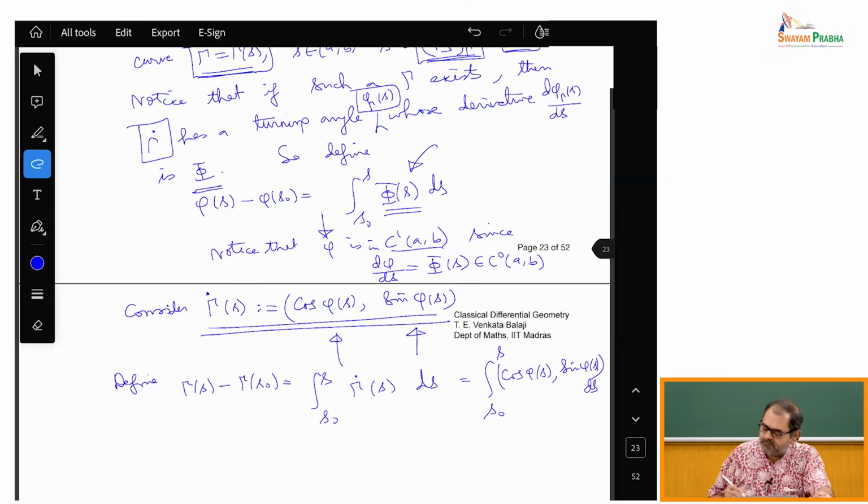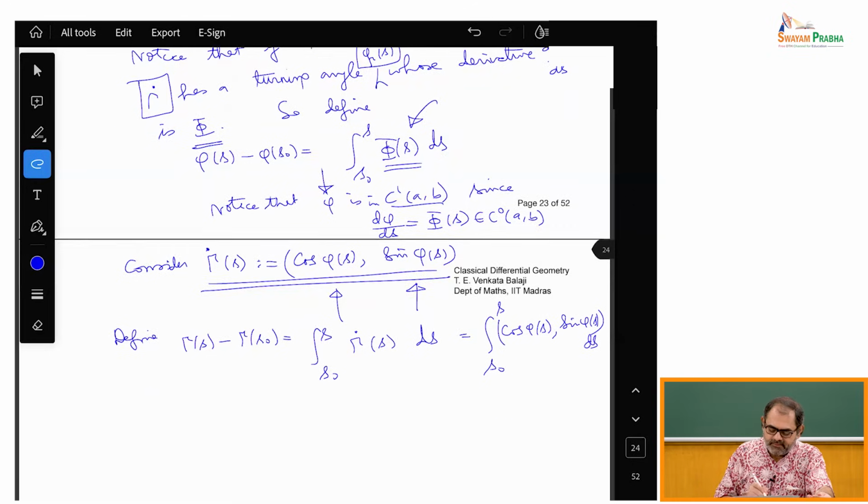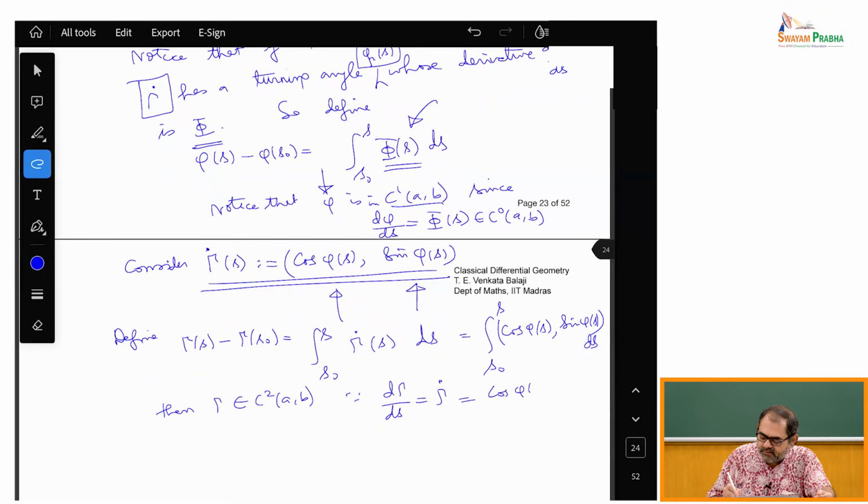Then the net effect is that your gamma is in C2[a,b], it is twice continuously differentiable, because d gamma by ds is gamma dot, and gamma dot is given by (cos phi(s), sin phi(s)).